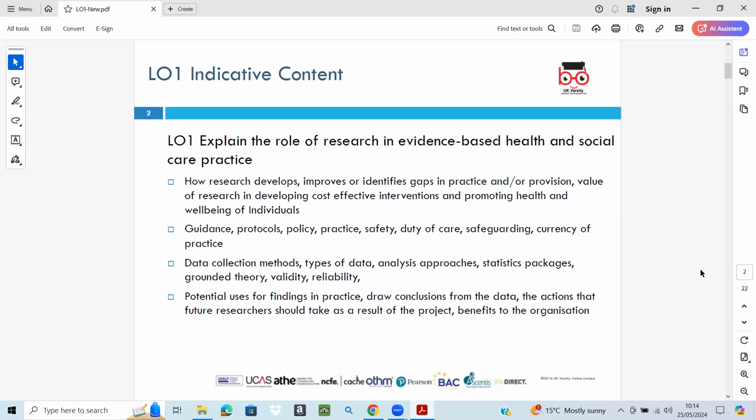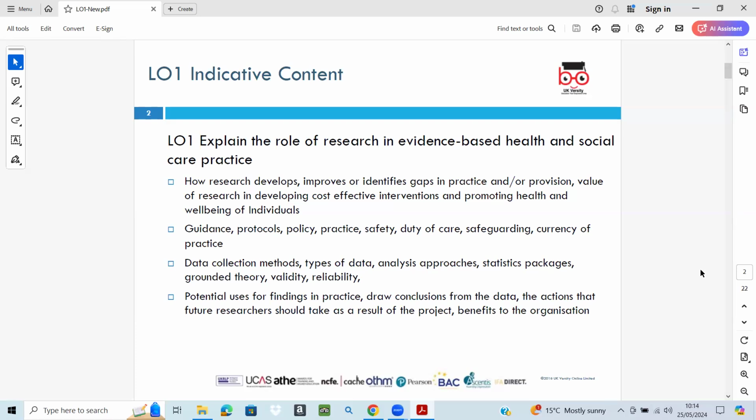So if we discuss the role of research in evidence-based practice, it's like developing, improving, and identifying gaps in practice.